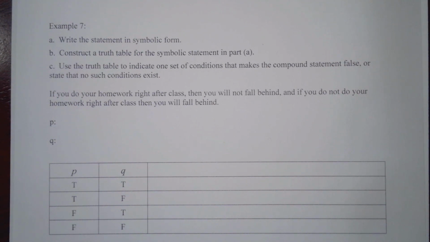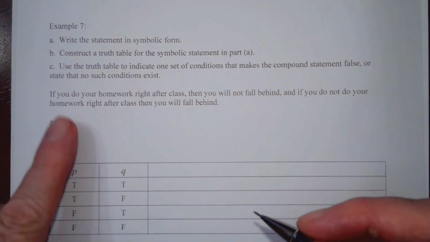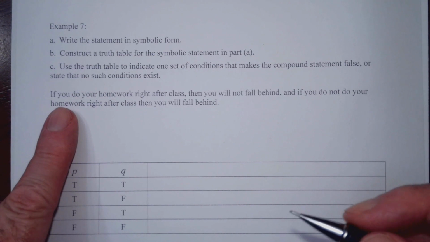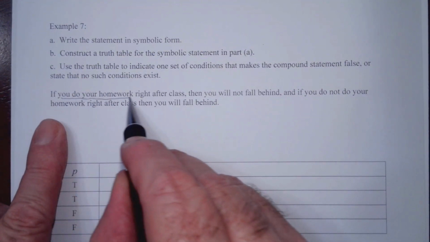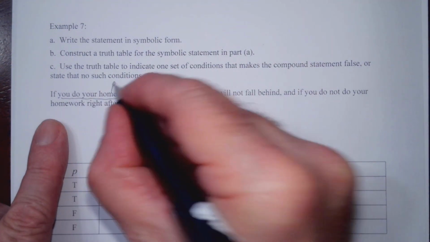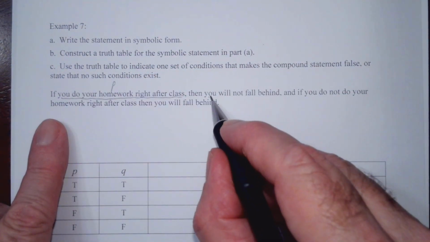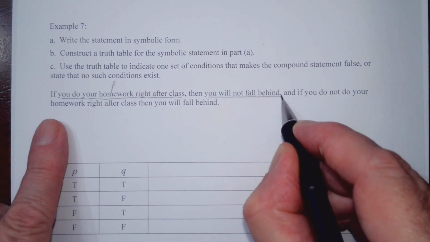B, construct a truth table for the symbolic statement in part A. And then C, use the truth table to indicate one set of conditions that makes the compound statement false, or state that no such conditions exist. Okay, so here's our compound statement. If you do your homework right after class, that's going to be our statement P, then you will not fall behind.